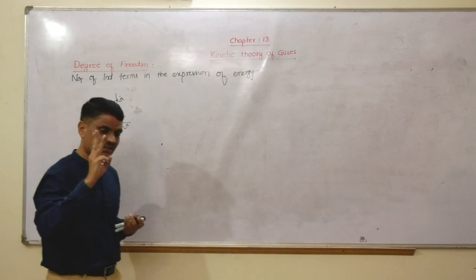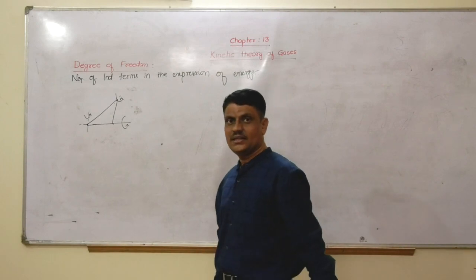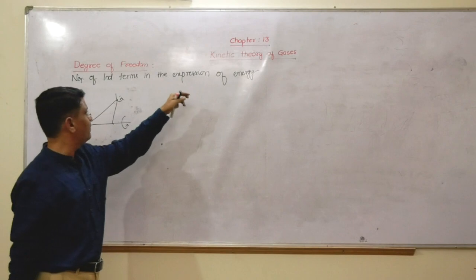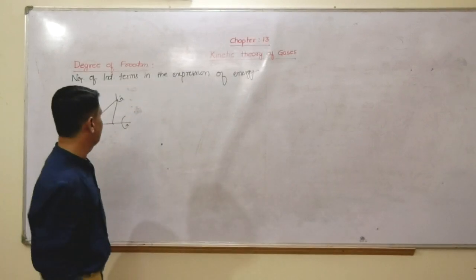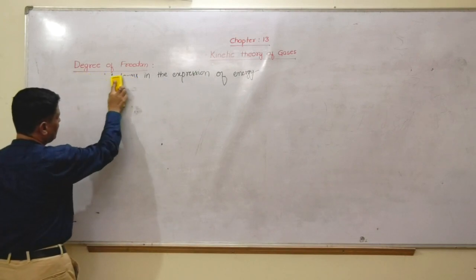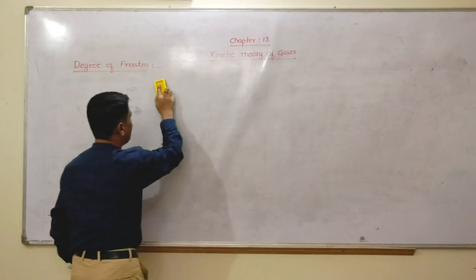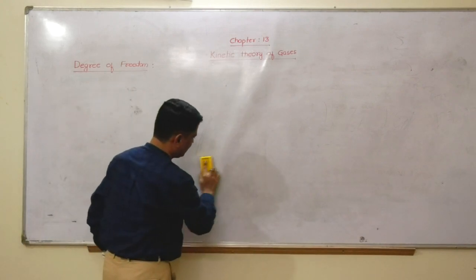Means it has 3 translational and 3 rotational kinetic energies. Hence, in the expression of energy, they have 6 independent terms. Therefore, a triatomic non-linear or polyatomic molecule has 6 degrees of freedom.